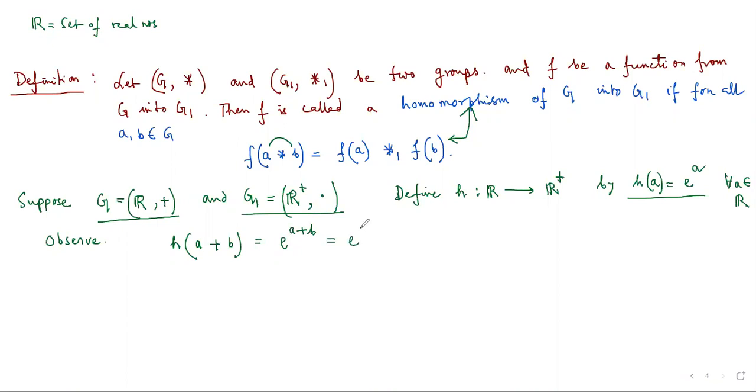Now e to the power (a plus b) can be written as e to the power a into e to the power b. And you know that this is h(a) and this is h(b). Just see, here the plus operation is there, here the multiplication operation is there. Here star is there, here star 1 is there, which is true for all a, b belonging to R.